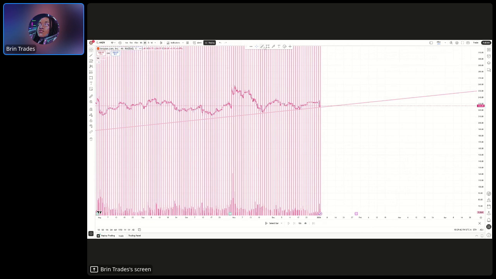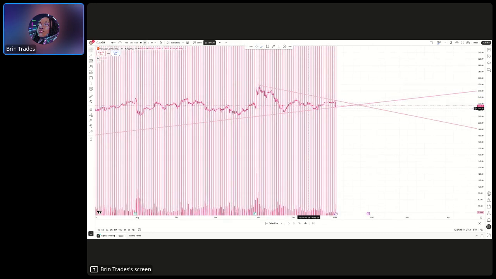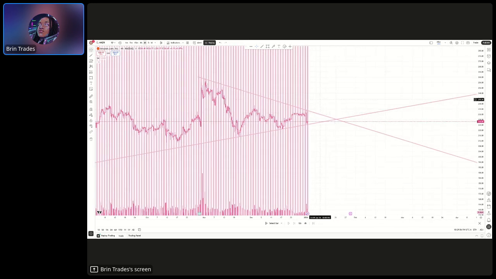There's no active definitive trend I'm noticing because price is just moving really choppy. I don't think I've ever traded Amazon, but apparently it moved the most in that zone.